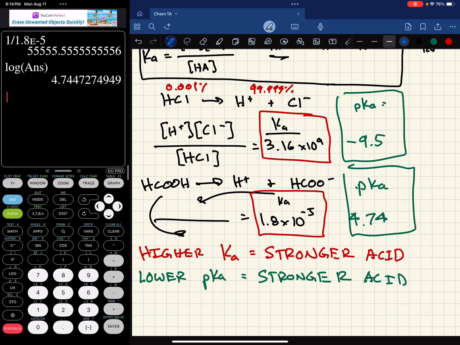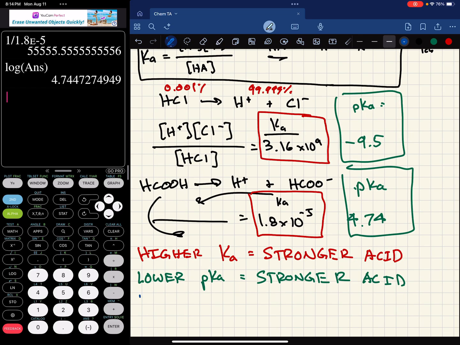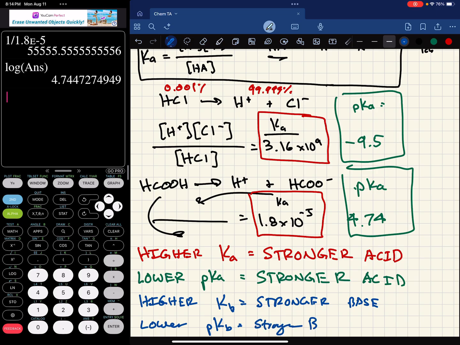For Kb, higher Kb equals stronger base. And then the same trend with pKa: if it's pKb, lower is stronger. But it's going to be the opposite.